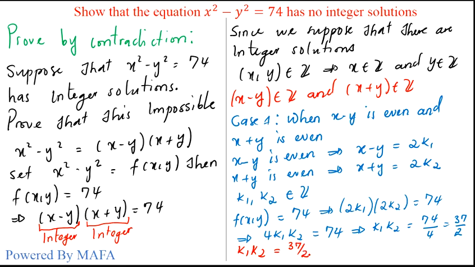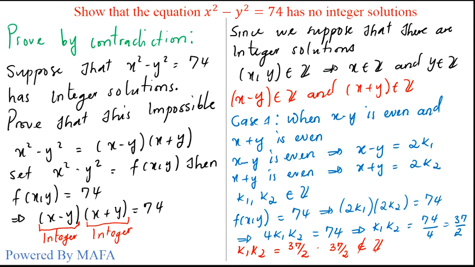So in essence, we are trying to say that k1k2 is equal to 37 divided by 2. But 37 divided by 2 does not belong to the set of integers. So I guess we are now seeing the contradiction in the first case. We know that k1 and k2 are both integers, and definitely the product of two integers will give you an integer.